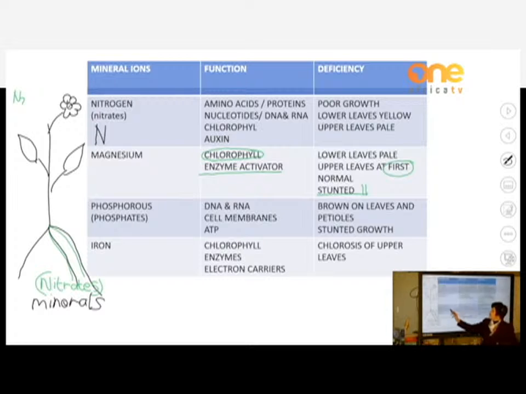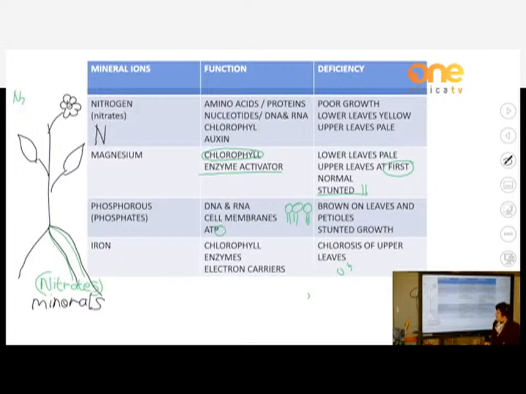The phosphates are a salt from phosphorus. They are important for DNA and RNA, cell surface membranes. Yes, phospholipids. You remember the phospholipids that we have in our cell membrane? Phospholipids and the ATP. ATP, that P is phosphates.